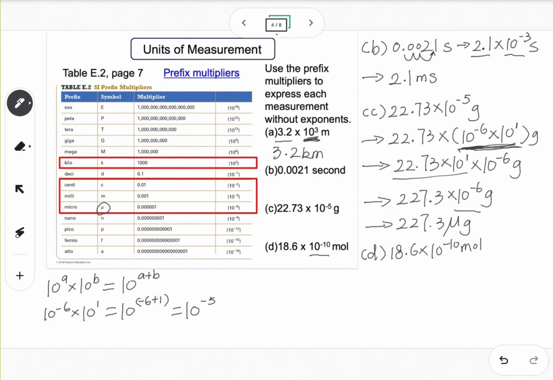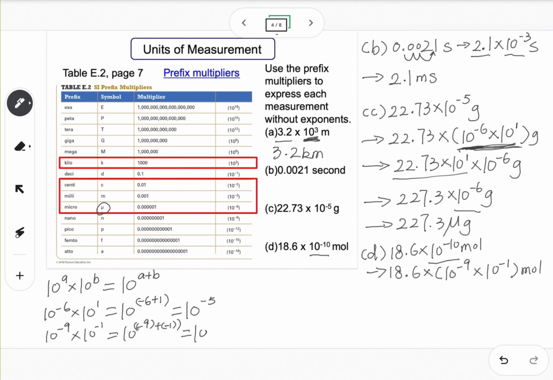I split 10 to the negative 10 into two parts. 18.6 times 10 to the negative 9 times 10 to the negative 1 mole. Again, if you want to double check, let me write it here. 10 to the negative 9 times 10 to the negative 1 equals 10 to the negative 9 plus negative 1.